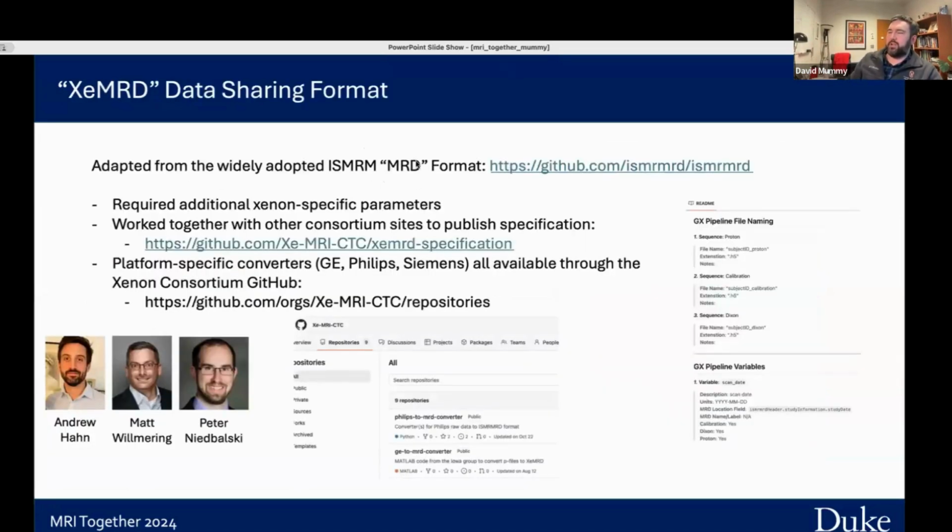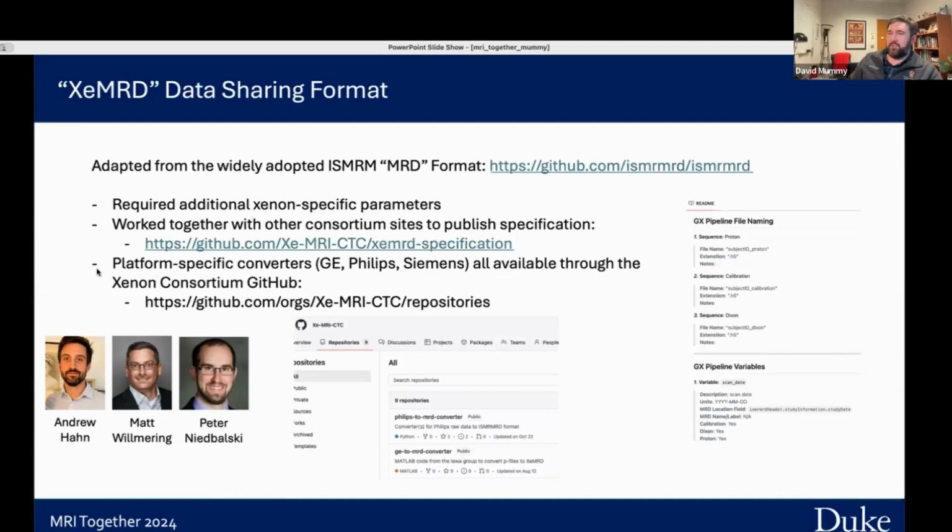As I mentioned, we started with the ISMRM MRD format for exchanging data, and it needed to be expanded with some Xenon specific parameters. So we worked together with other consortium sites, and particularly want to shout out Andrew Hahn, Matt Wilmering, who was in the audience last I checked, and then Peter again, who we all worked together to come up with this spec.